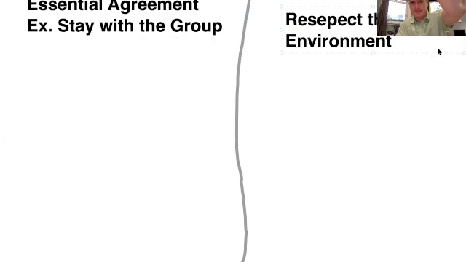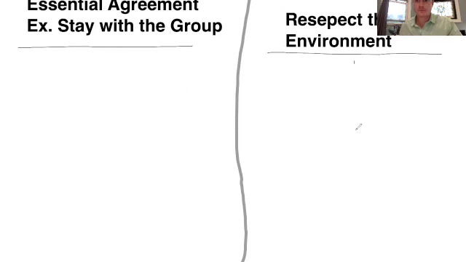Okay, now what we're going to do is take those 2 questions and make a T chart for each essential agreement, right? So if you want, you can take your pencil or your pen and make a T chart. And remember, we're answering 2 questions. What does it look like?